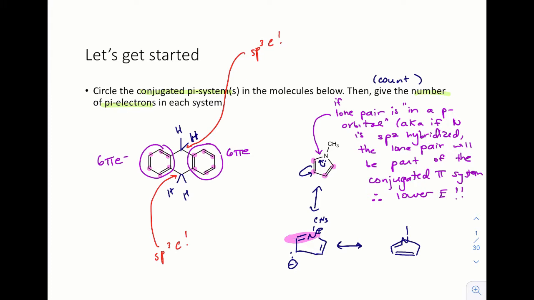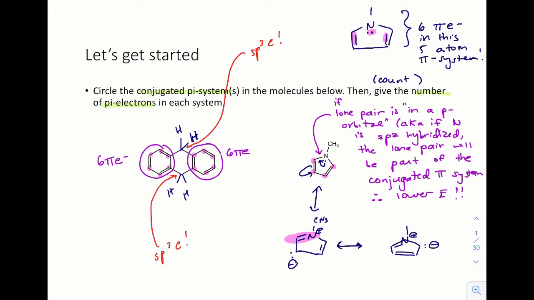If nitrogen is making a pi bond, it must have a p orbital. Thus, it is sp2 hybridized, and that lone pair, what looks like a lone pair in the dominant Lewis structure, is actually not a lone pair. It's actually in a pi molecular orbital spread out around the entire ring. So there are 2, 4, 6 electrons in this 5 atom, 1, 2, 3, 4, 5 atom pi system.